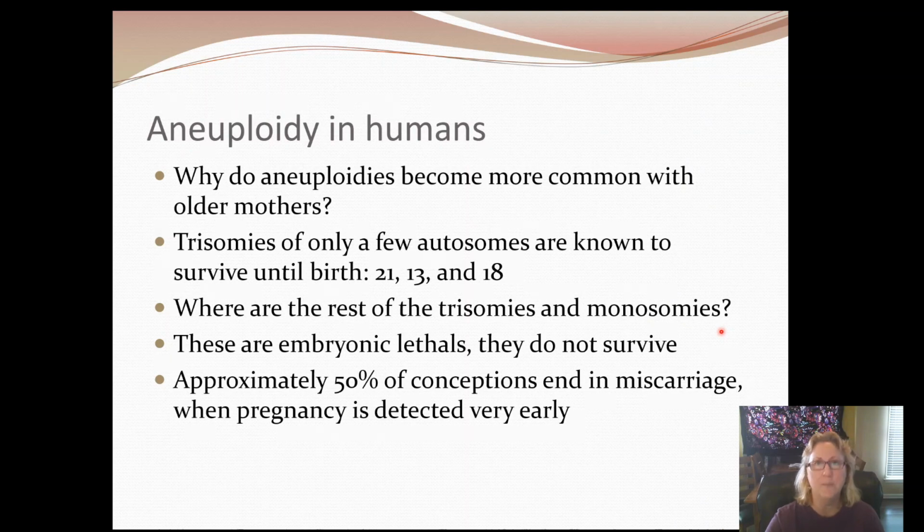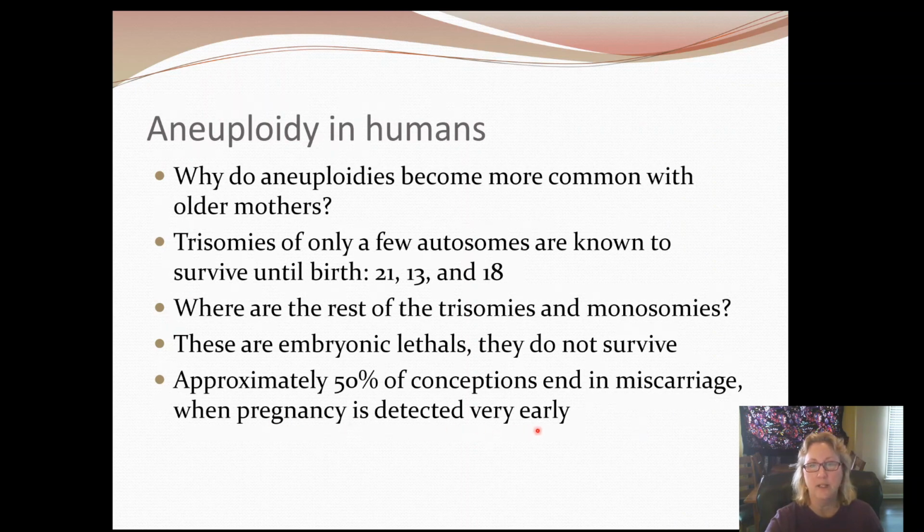Why don't we ever see those individuals? It's because they are not survivable. Having an extra dose of all of those gene products on those larger chromosomes is not compatible with life. And this could partially explain why so many early conceptions end in miscarriage.